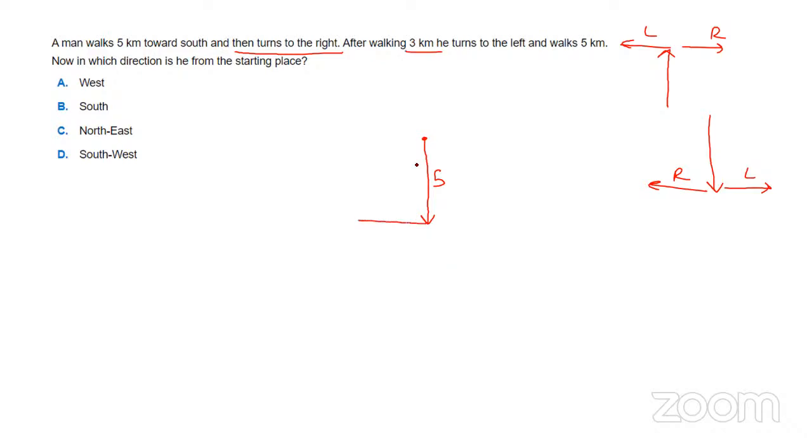After walking 3 kilometers, he turns to the left. Now he is moving towards the east. Sorry, now he's moving towards the west. He turns towards the left. So I can say that his left is going to be here, right? On this side. This is the left. And in this direction, he walks 5 kilometers.